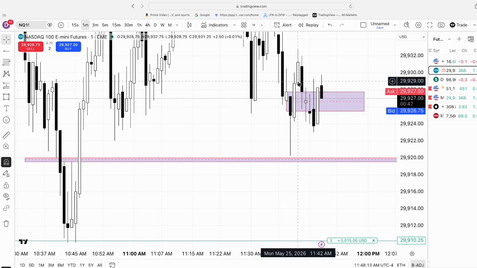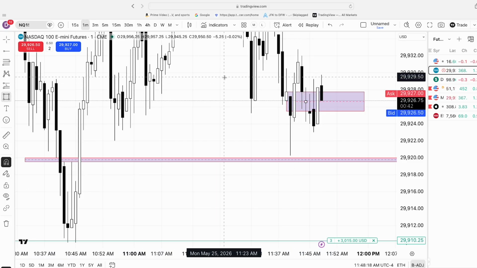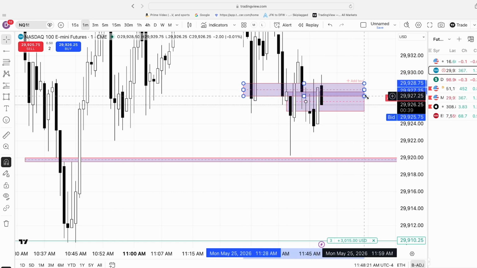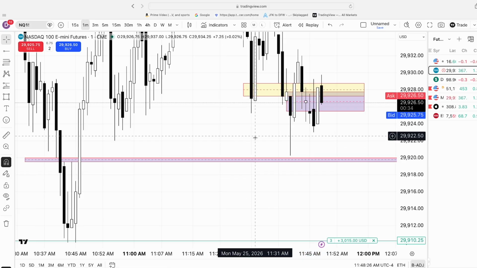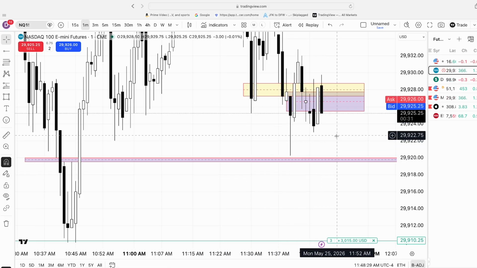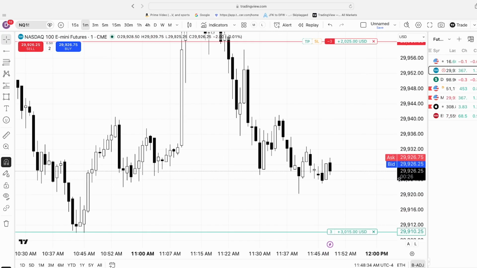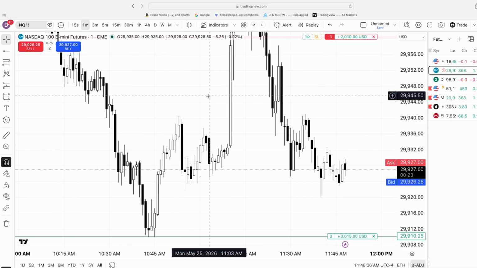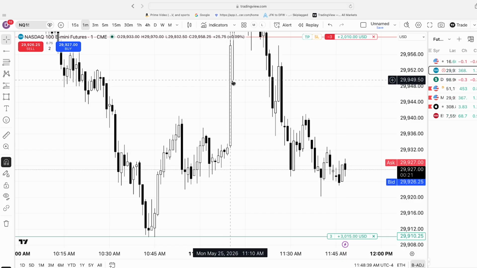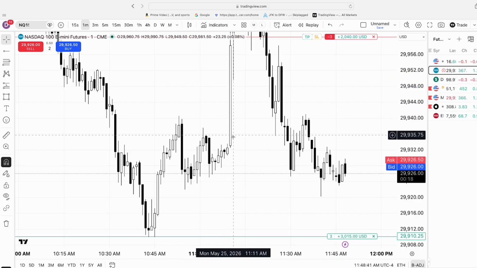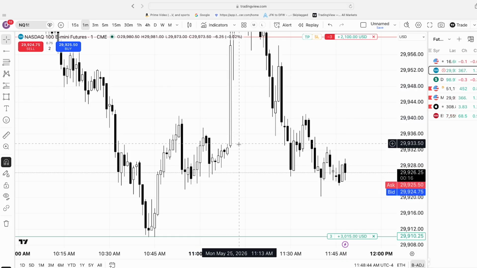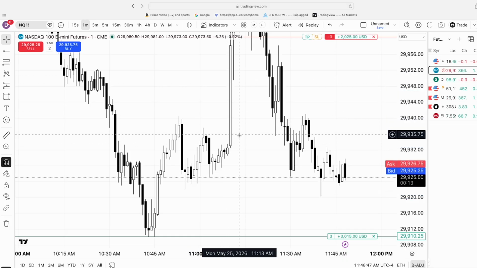Because this is a fair value gap here, it's like a little gap. Now a fair value gap, I should clear my screen to explain it to you. Okay, I'll get an easy fair value gap to explain. A fair value gap is when only one candle is in the hole, I guess you would say, where this candle and this candle do not touch.